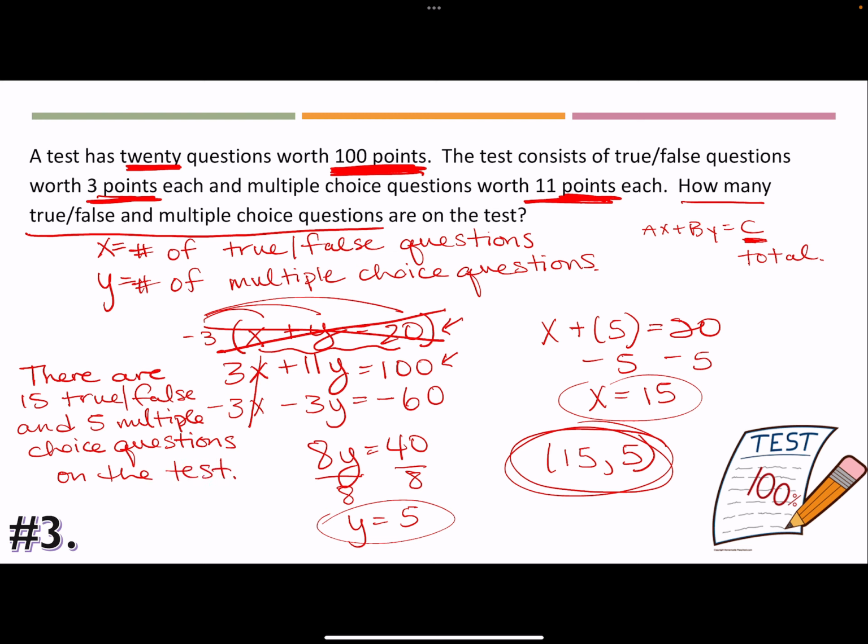So there we go. We answered my question. Make sense? All right, so that's an example of a word problem using standard form. And again, I use standard form because I had two independent variables, and when my equations are in standard form, a lot of times it's easier to solve using elimination.